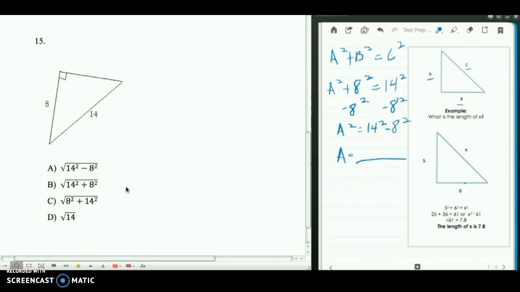Does that look like anything? That kind of looks like that one, and that would be the best answer, but we haven't taken the square root of it yet, because remember, we want to find what is a, not a squared. So it's going to look like the square root of 14 squared minus 8 squared. That means the best answer there is going to be number A. And that finishes this problem and lesson on the Pythagorean theorem.